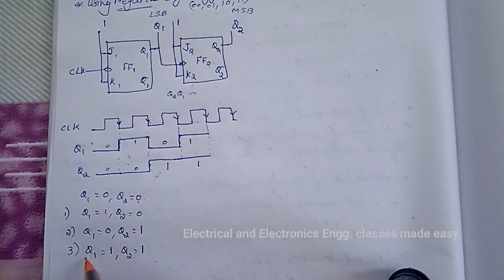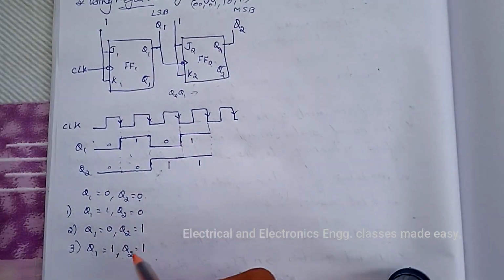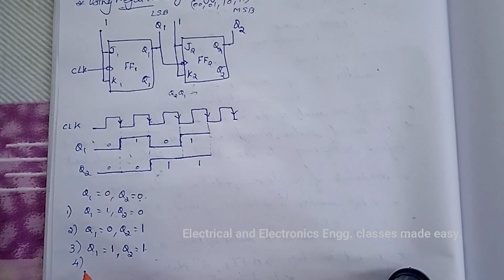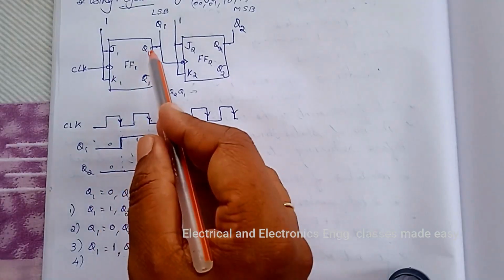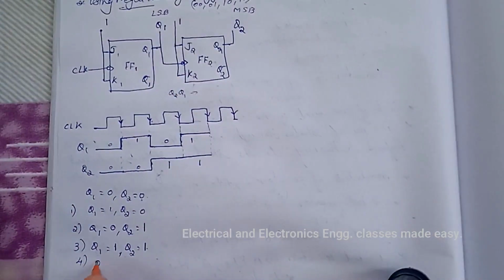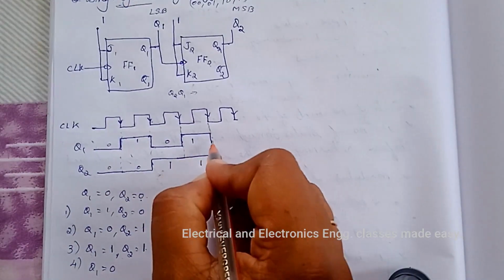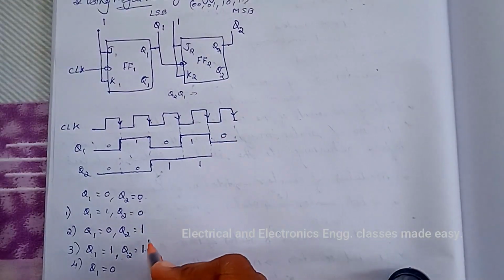So after the third clock pulse, Q1 is equal to 1 and Q2 is equal to 1. Then when the fourth clock pulse is applied, Q1 toggles. Q1 toggles means Q1 changes to 0 up to the next negative going edge of the clock pulse.